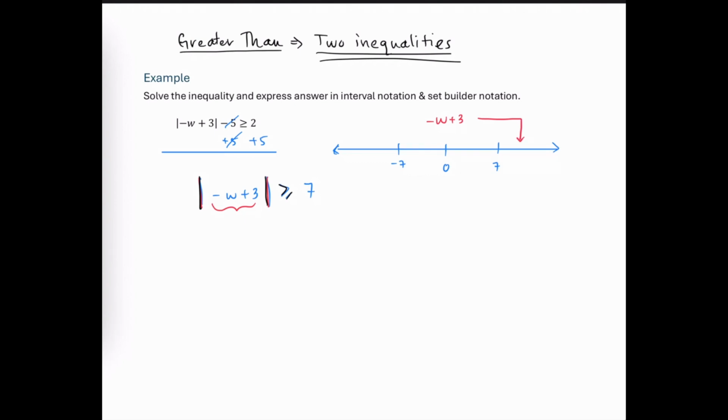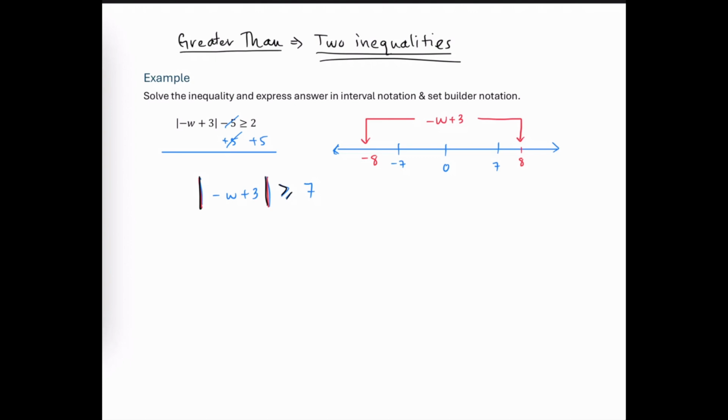We would need negative w plus 3 to be something larger than 7, right? If we had positive 8 inside here, its absolute value would be greater than or equal to 7. Or this negative w plus 3 could fall out here. I could have negative 8 inside the absolute value bars, and its absolute value would also be greater than 7.